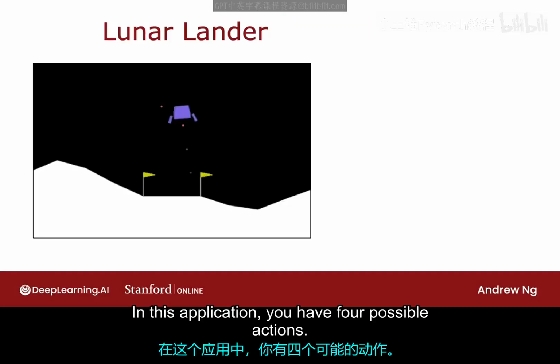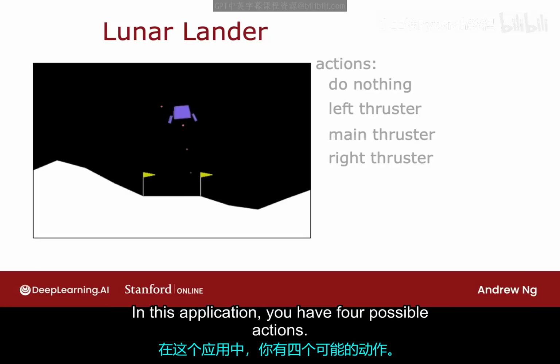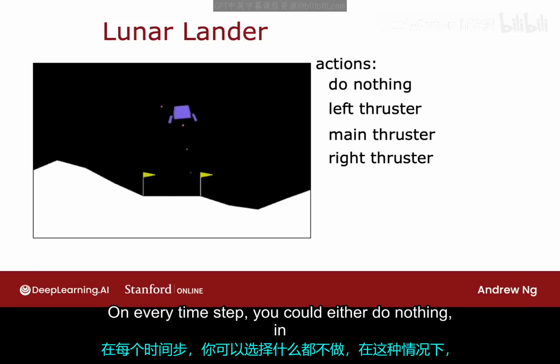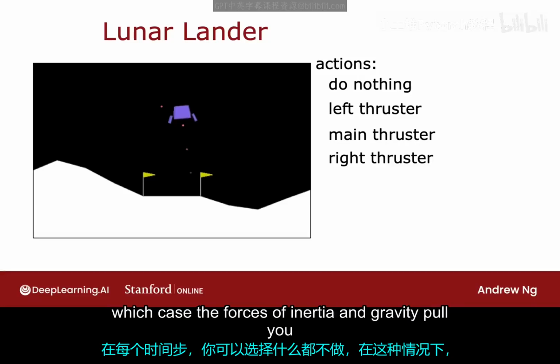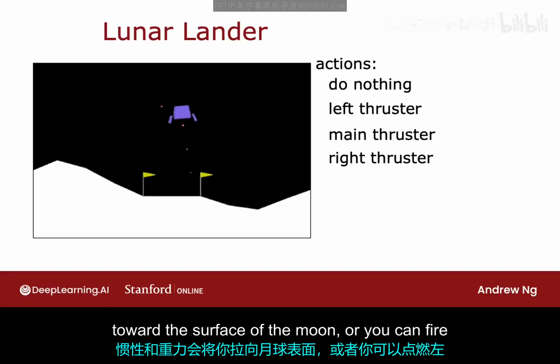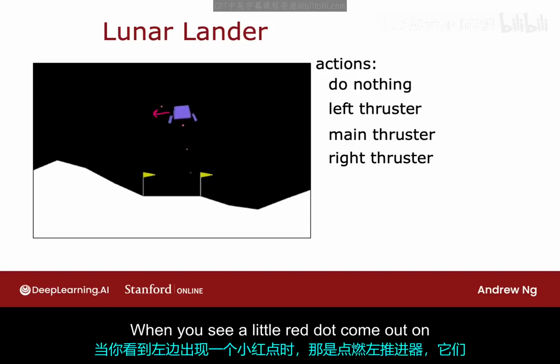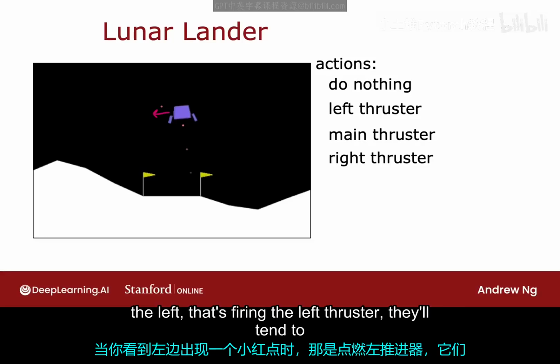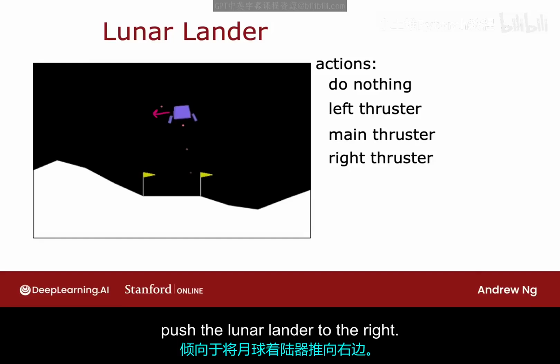In this application, you have 4 possible actions. On every time step, you could either do nothing, in which case the forces of inertia and gravity pull you toward the surface of the moon, or you can fire a left thruster. When you see a little red dot come out on the left, that's firing the left thruster, which will tend to push the lunar lander to the right.